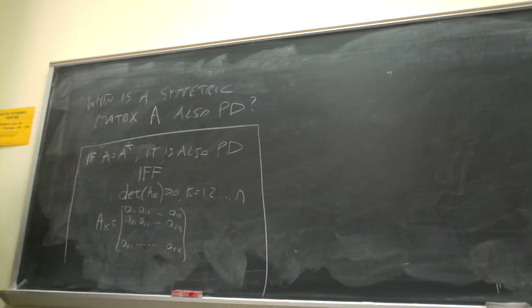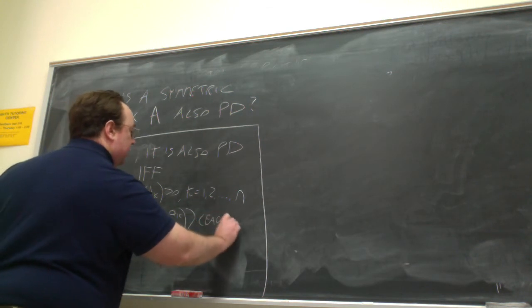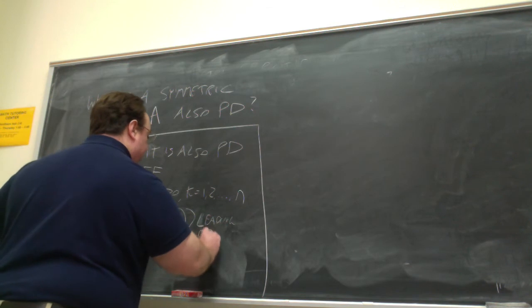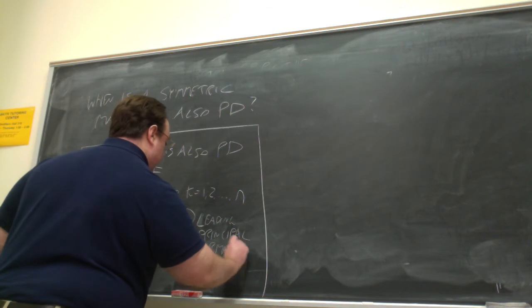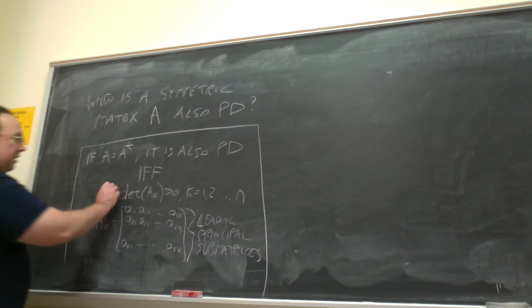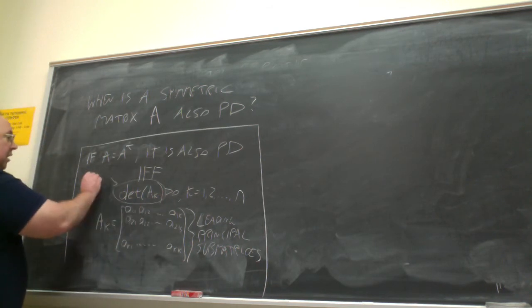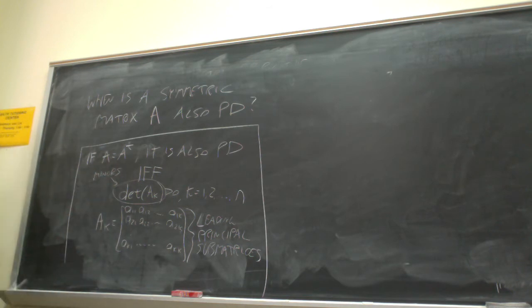Okay. And these are called the leading principal submatrices of A. And these determinants are called the leading principal minors of A. So if A has all positive leading principal minors, or in other words, all the leading principal submatrices have positive determinants, then you can say A is symmetric positive definite.